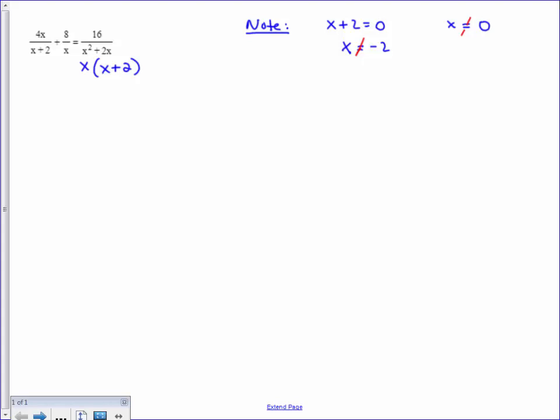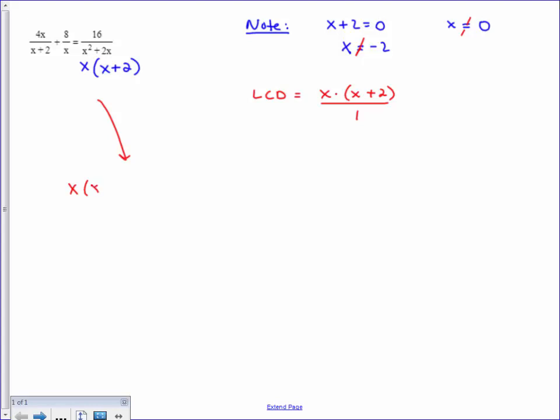Now from here, I need to find the LCD. In this case, because my only two factors are x and x plus 2, the LCD would be the product of those two factors. And I'll put it over 1. From here, I'm going to take my equation and multiply each term by the LCD.